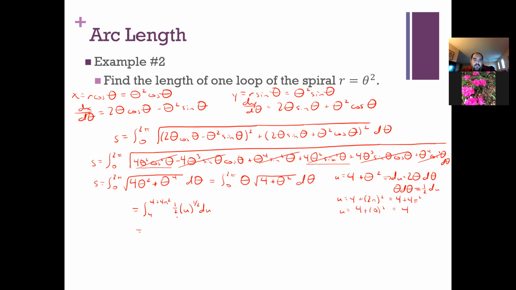So this comes out to be 1/3 times u to the 3/2, and 4 to the 3/2 is just 8, so minus 8/3.